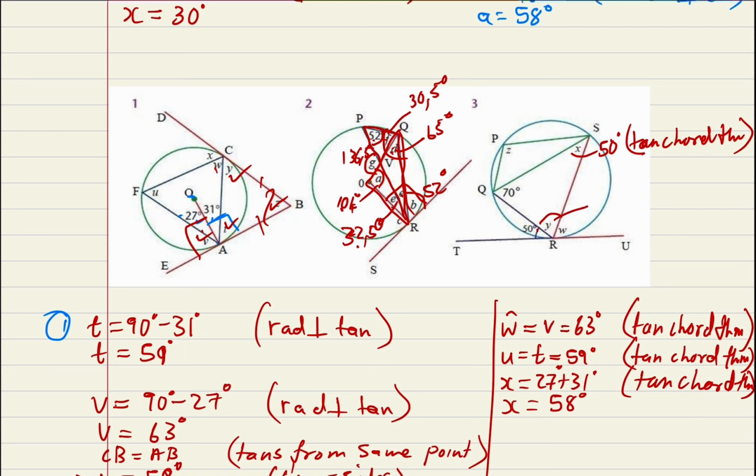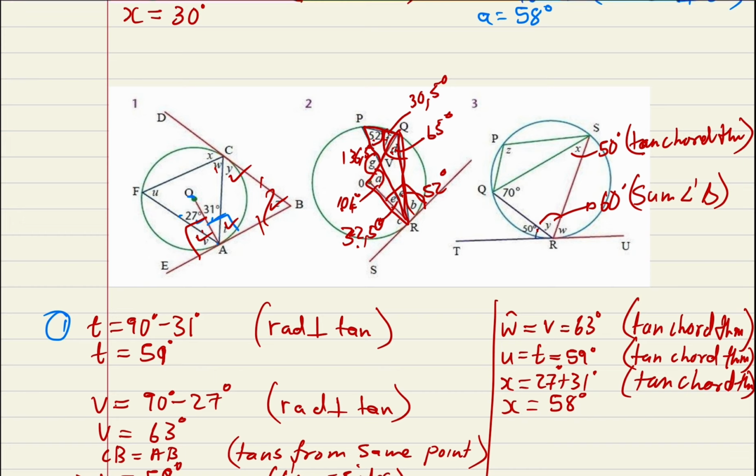So Y will be equal to 180 degrees minus 70 degrees minus 50 degrees, which will give us 60. So that means this is 60 degrees because of the sum of angles in a triangle.